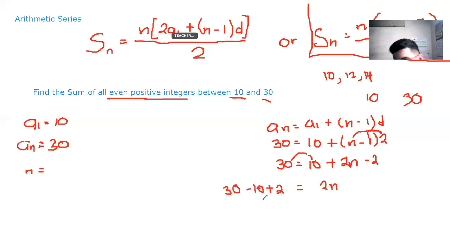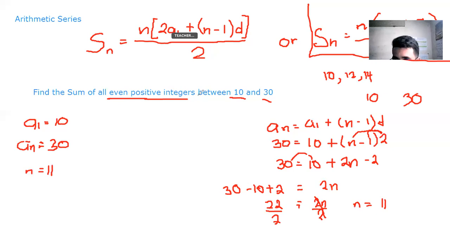So, 30 minus 10 plus 2, that will be 22. 22 is equals to 2n. So, we're going to divide both sides by 2 to isolate the variable n and we get the value of n. So, cancel ito. N is equals to 11. So, may value na tayo ni n, which is 11.